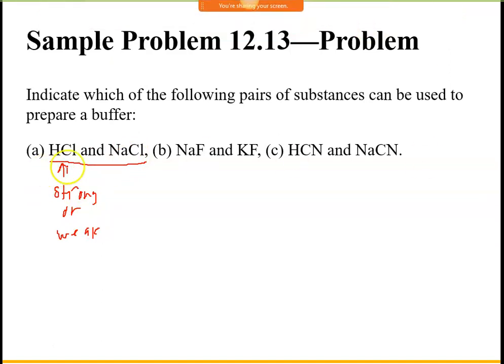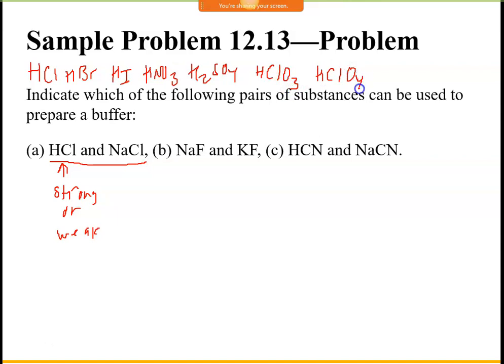So since it's a strong acid, remember, guys, the list was HCl, HBr, so it's the halogens, with the exception of HF, nitric acid, sulfuric acid. If you guys remember, I always said that I forget between chloric and perchloric, and we found out it's both.